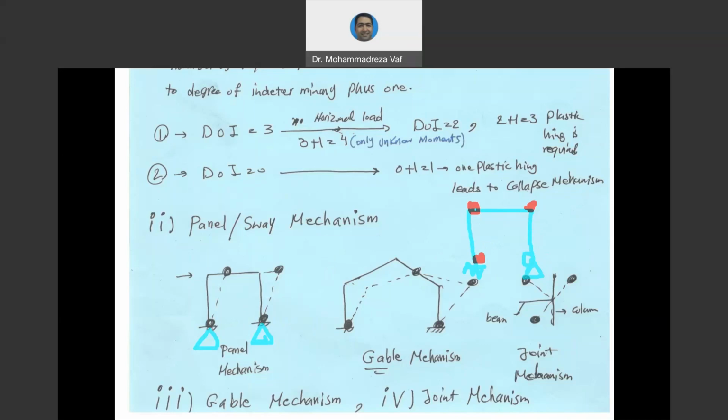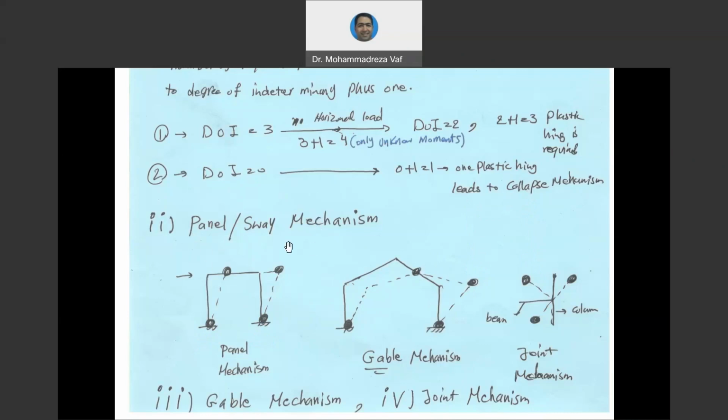If your support condition is fixed, this 4 is going to be 4 plastic hinges. If your support condition is pin, this 4 hinges is going to be 2 plastic hinges and 2 hinges due to the support. And it doesn't matter whether your frame has an inclined roof or a straight roof. Again, you need to have 4 hinges.